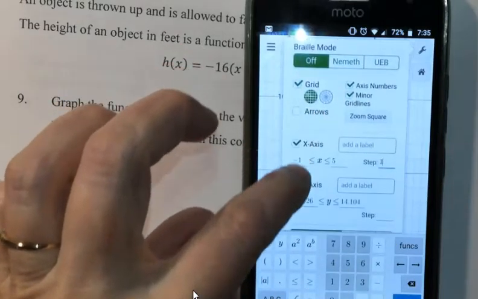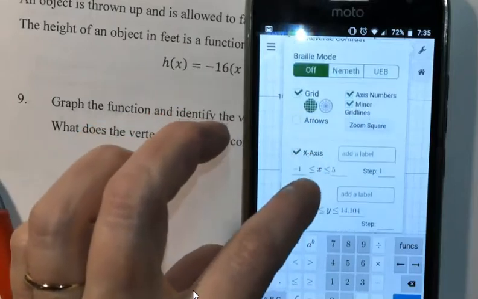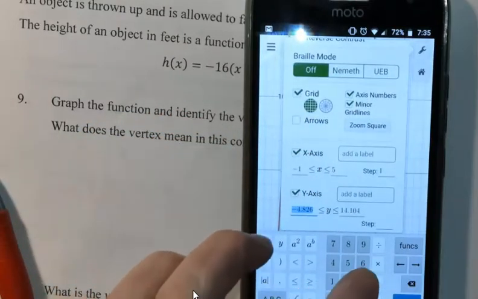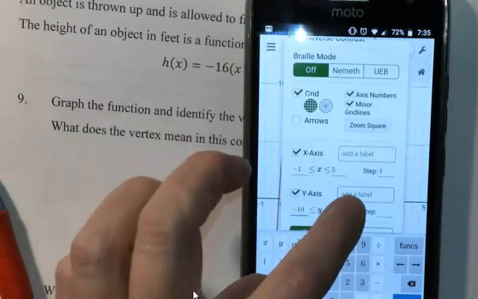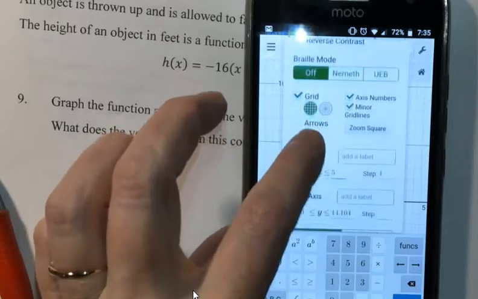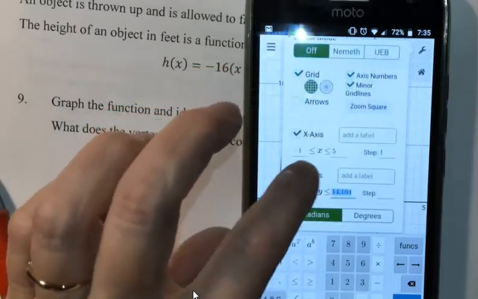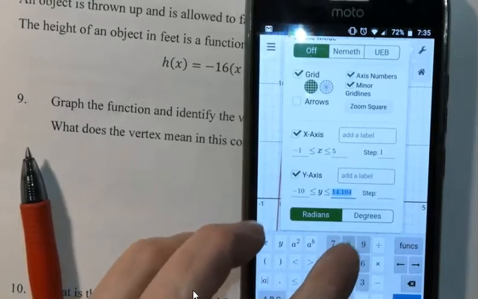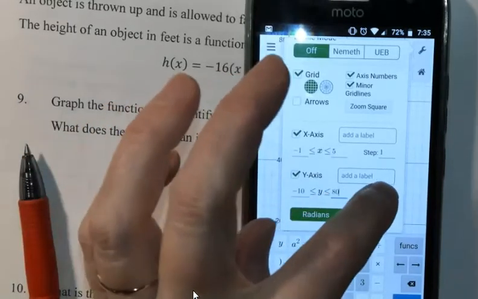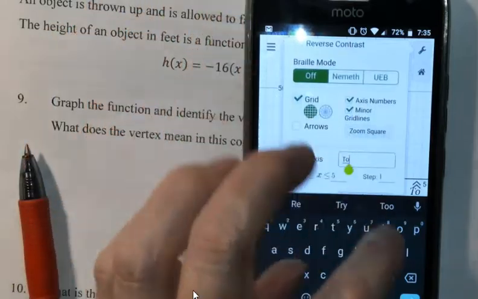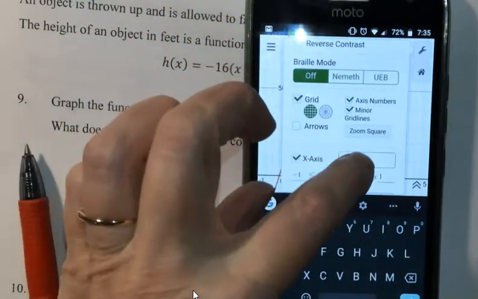For my y values, it's going to go way up there. So let's see how far up we want to go. How about negative 10 to... let's see. How about 80? We'll try that, and it may not be good. We'll change it. Sorry, my calculator's jumping all around here.